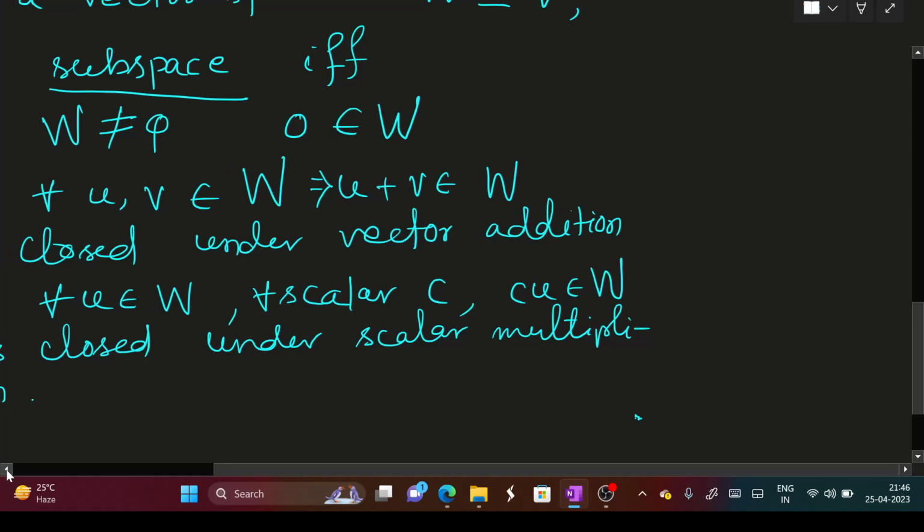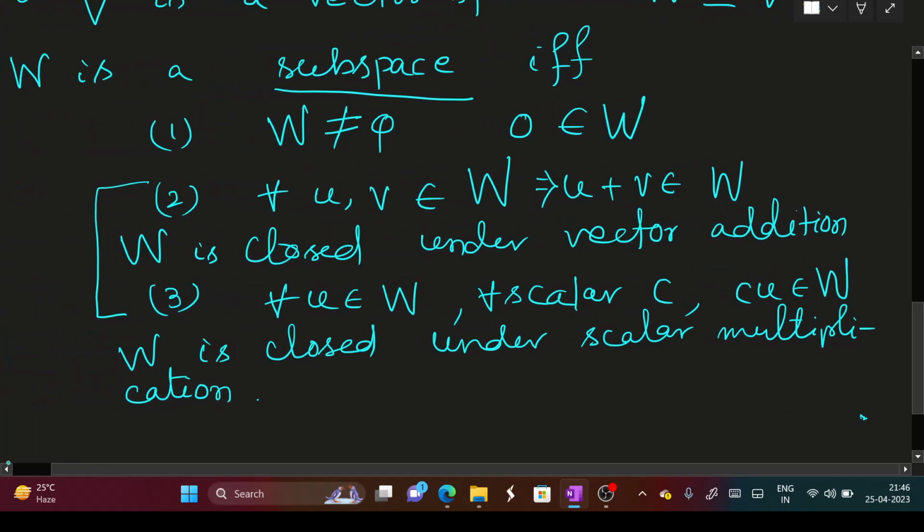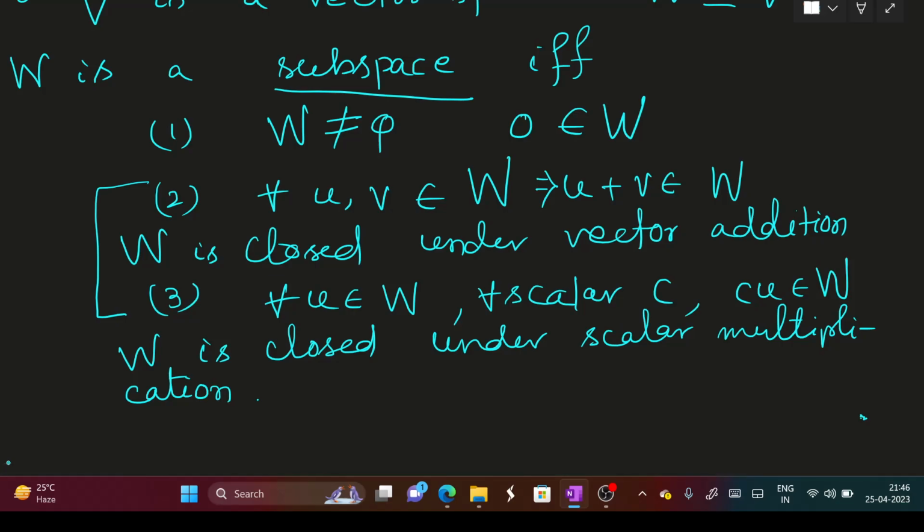Okay, so now the question is, what about a vector space? If any V is associated with the 2 operations defined on it, that is vector addition and scalar multiplication, satisfying those 8 properties given, it is said to be a vector space.